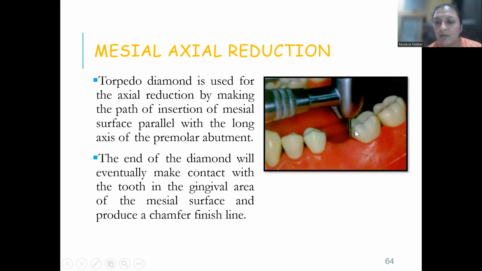The mesial reduction should be done such that the long axis of the mesial surface parallels the long axis of the premolar. Then the end of the diamond will eventually make contact with the tooth in the gingival area of the mesial surface and produce a chamfer finish line.